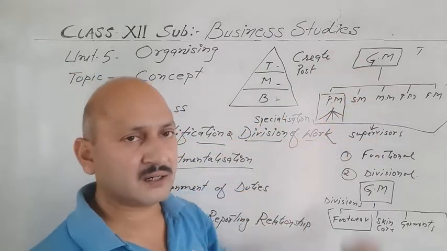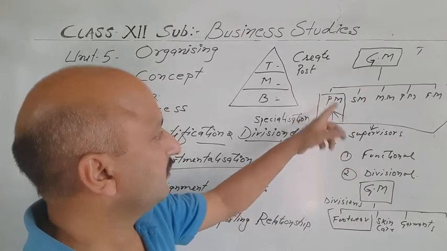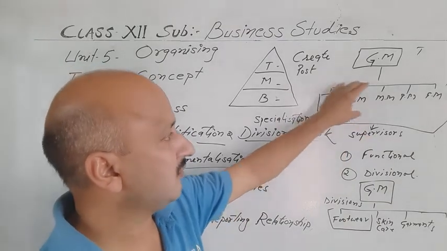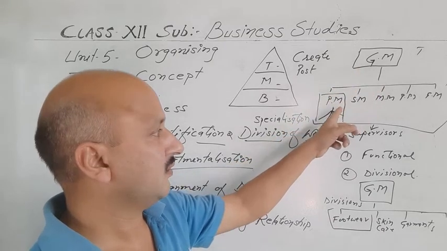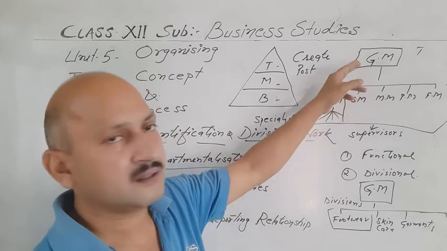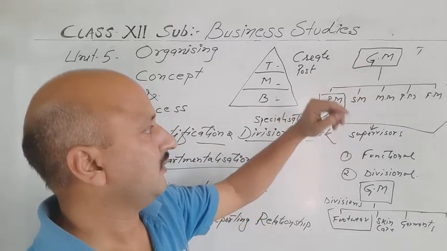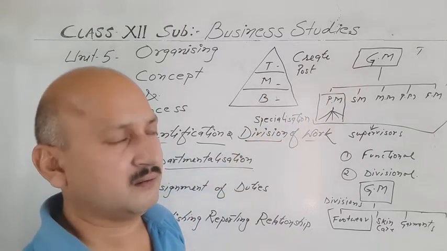The organizational chart is with us. So we will tell them that, for example, the purchase manager and sales manager, all these managers are subordinate to the general manager. Their authority and responsibility will be less than the general manager's, and the highest level of authority and responsibility will be at the top level.